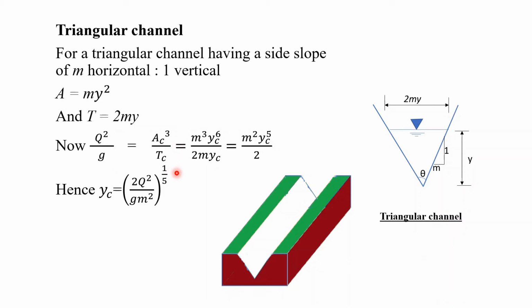Putting the values of A and T, we get Q square by G equals m cube into Yc raised to the power 6 by 2m into Yc, which will be equal to m square Yc raised to the power 5 by 2. So we get Yc equal to (2Q square by G m square) raised to the power 1 by 5.